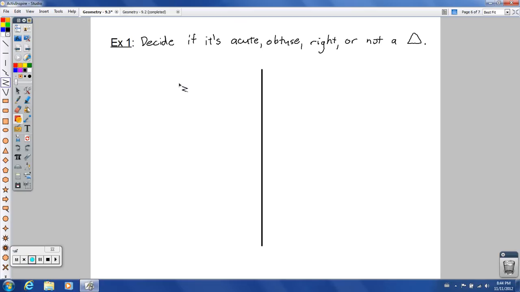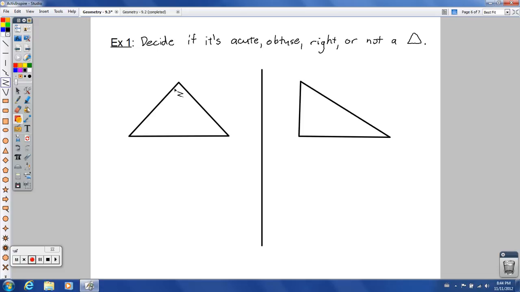And I'm not going to make these look like right triangles necessarily, or like anything necessarily. This might be a right angle right here, you don't know for sure. And so this one I'm going to go like this. Maybe it's a right triangle, maybe it's not. Most of the time they're going to draw them so that it kind of looks like there's a right angle here, it kind of looks like that might be a right angle there, but we can't make that assumption.